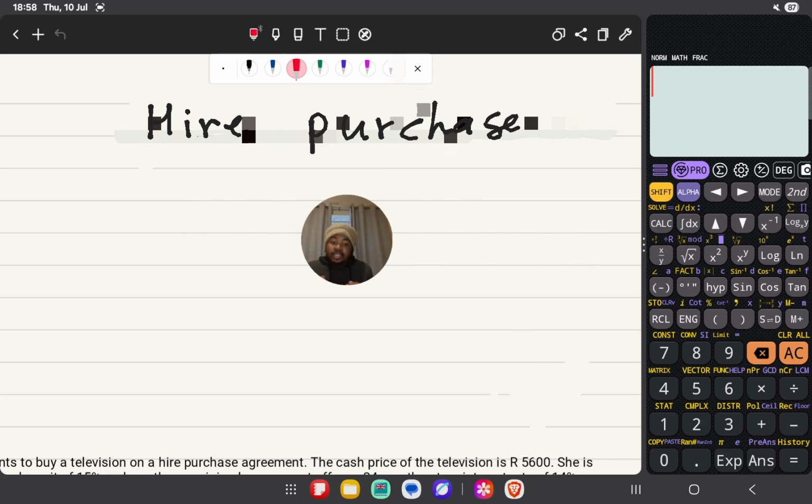If I say pay me 10% deposit or 20% deposit, then you will have to find 20% of the purchase price, and that 20% is the deposit that you're paying. Then for the rest of the months, you'll just be paying a particular amount. So you pay off your deposit, and what's left you will be paying every month.